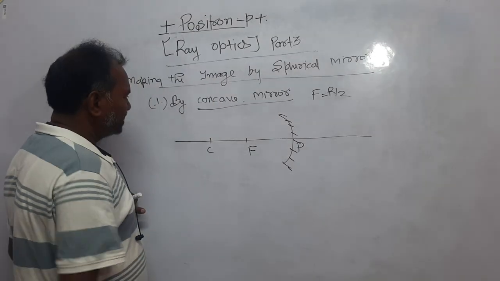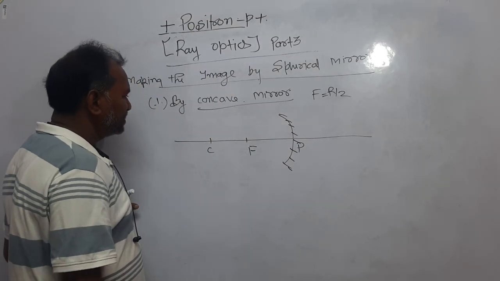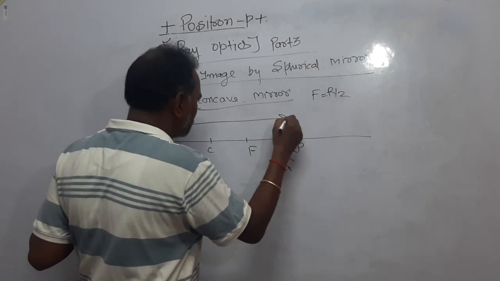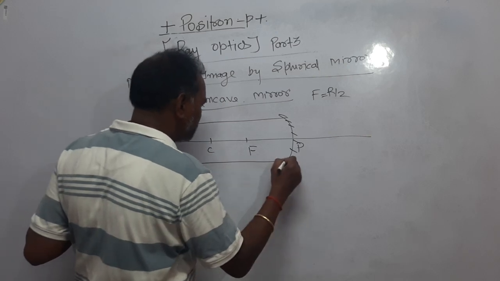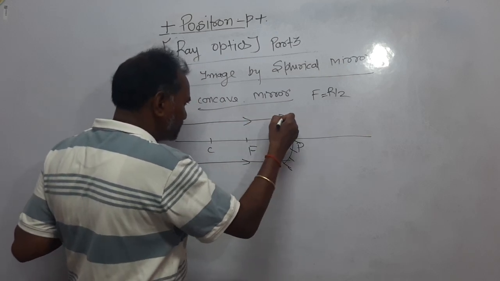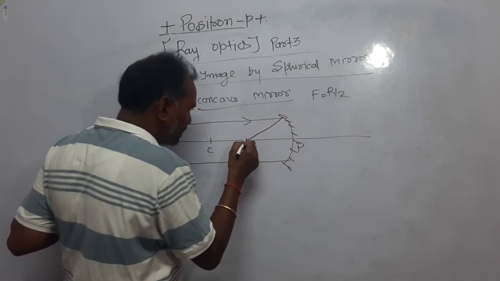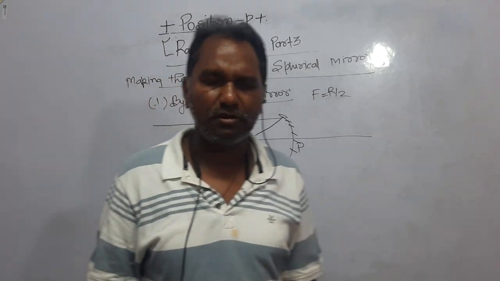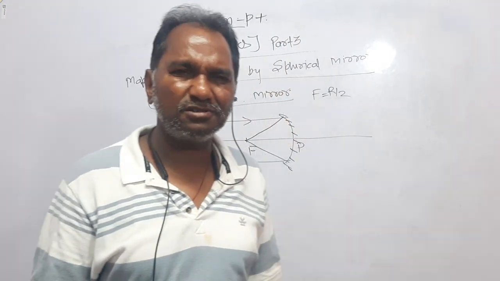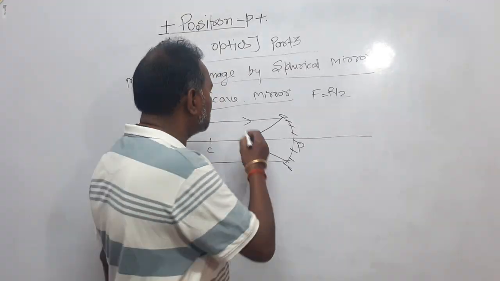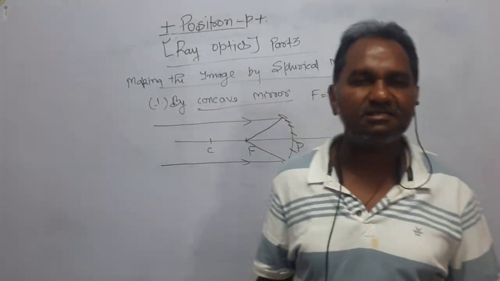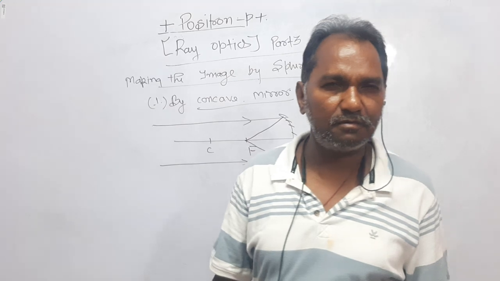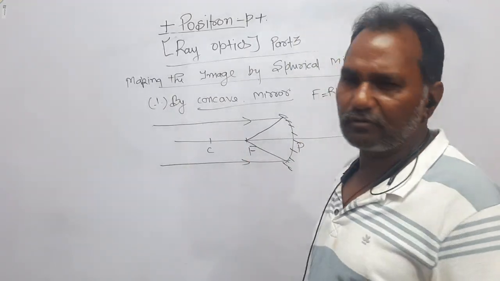Dear students, if the object is kept at infinity, the rays coming from infinity parallel to the optical axis, after the reflection from the mirror, pass through the focus. This is a basic concept, that the rays incident parallel to the optical axis, after the reflection from the mirror, will pass through the focus, right?